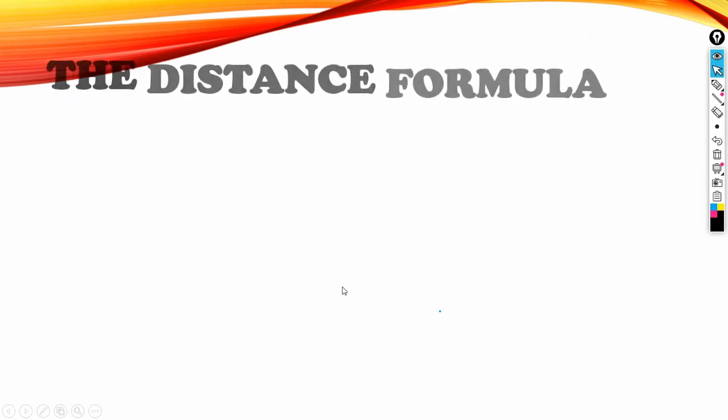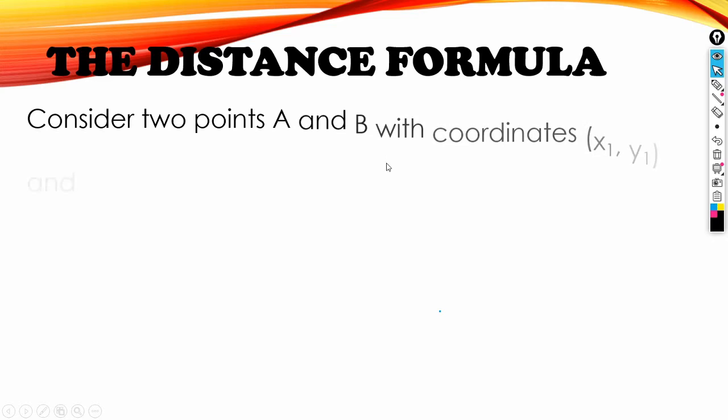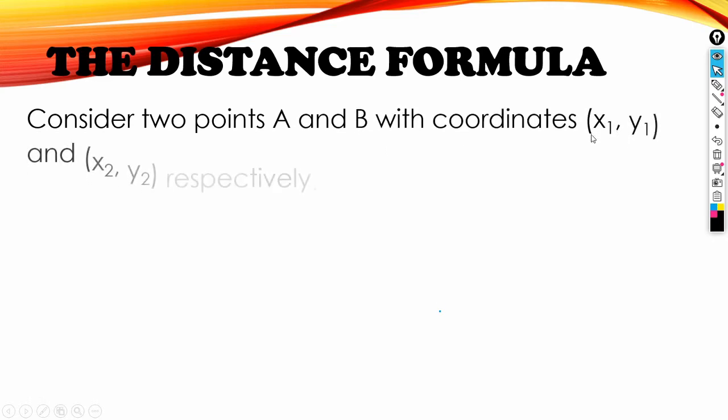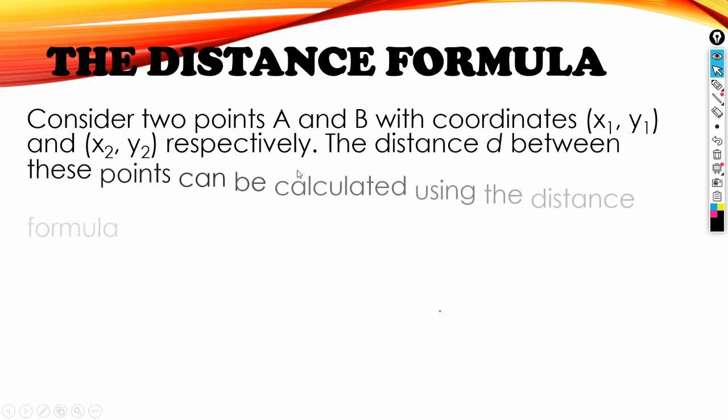Okay, so to continue, let's have the distance formula. So, paano pag hindi siya horizontal at saka vertical distance? Consider 2 points A and B with coordinates x sub 1, y sub 1, and x sub 2, y sub 2 respectively.